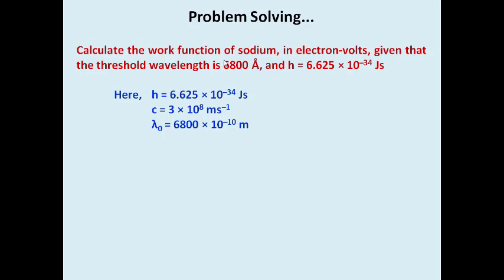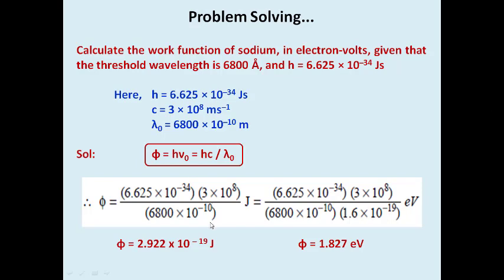So we convert nu as c by lambda naught. Using that, you can get the value of 2.922 times 10 to the minus 19 joules. That is the value in joules alone. But what they asked is to calculate the work function of sodium in electron volts. So we divide the value we got by 1.6 times 10 to the minus 19, the charge of the electron.